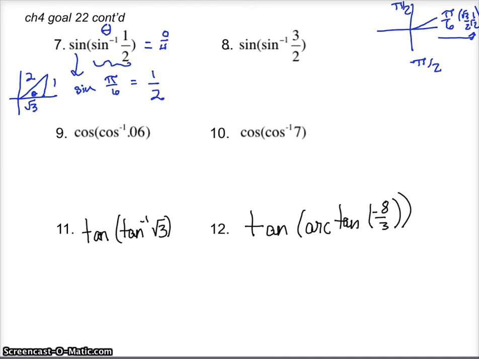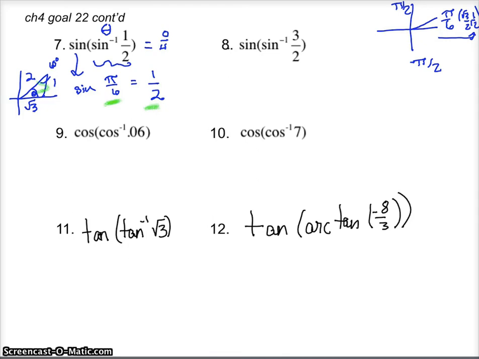So this shows that we have a 30, 60, 90 right triangle. The angle opposite 1, or the shortest leg, is 30. The angle opposite root 3, or the long leg, is 60 degrees. So the sine of 30 is opposite over the hypotenuse. So the sine of pi over 6 is 1/2.